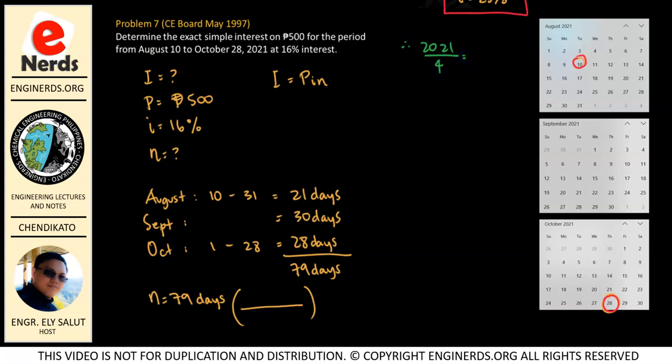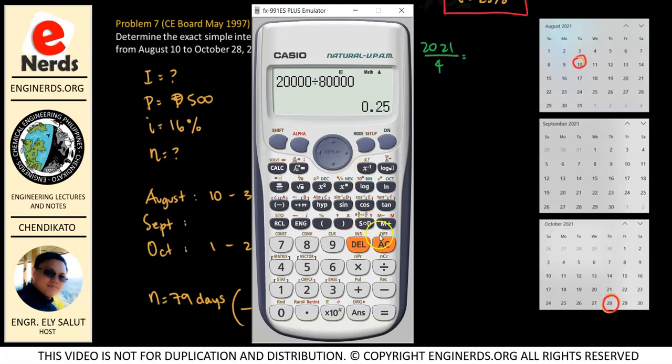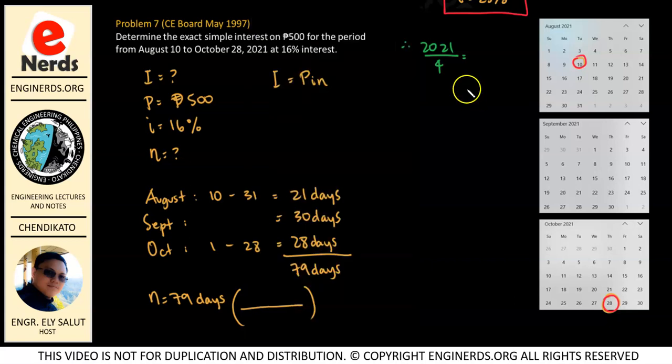So let's check on the calculator. We have 2021 divided by 4, which is 505.25. So we have a decimal point here, therefore this is not a leap year, because to be a leap year it must be completely divisible by 4, with no decimal point.